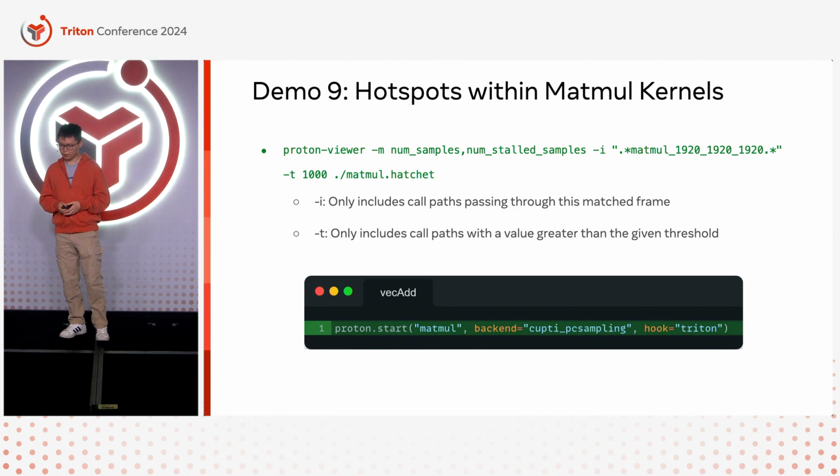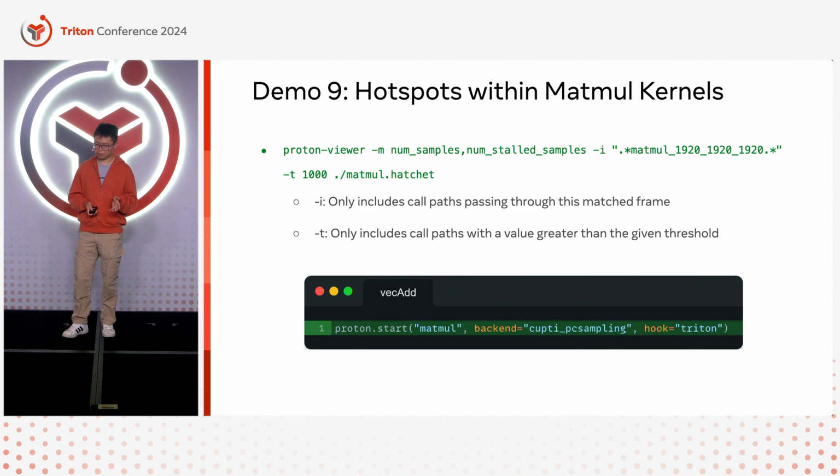So using the example we talked about before, which is a matmul kernel, we want to look at its fine-grained metrics. Here, we use the same script and profile it using the PC sampling mode.